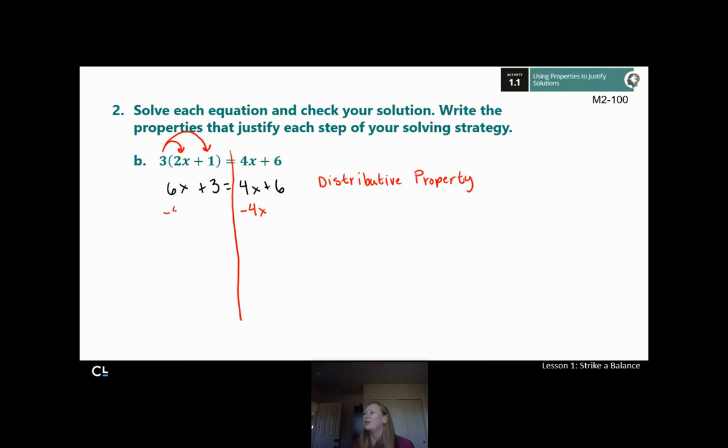So I'm going to subtract 4x over here as well. Which means we just used the subtraction property of equality. I'm subtracting on both sides.